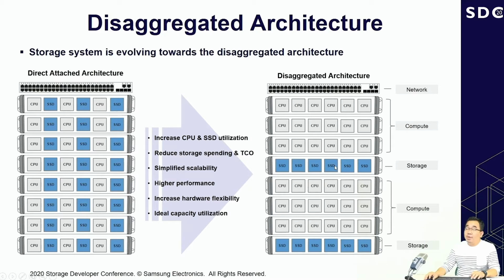So if you have this disaggregated architecture in your data center, you can reduce the TCO of infrastructure, especially the storage spending. And since it's shared network storage, it's easier to increase and decrease the capacity of the storage pool.